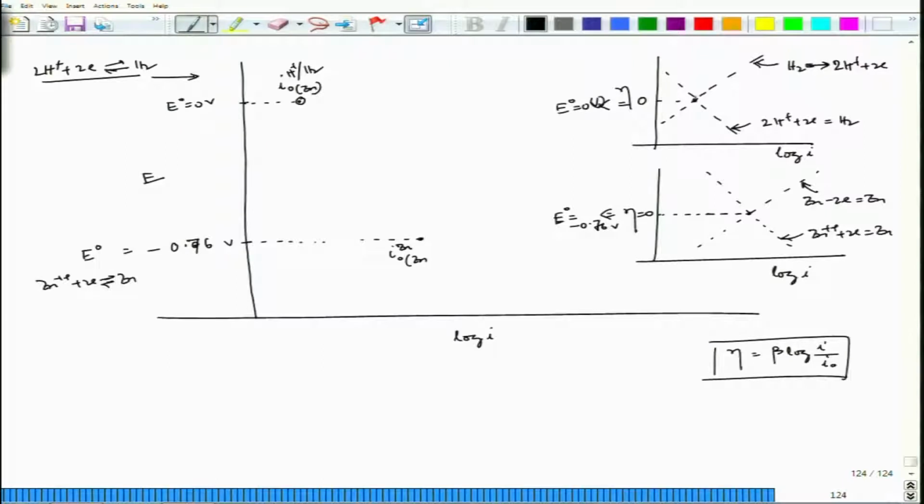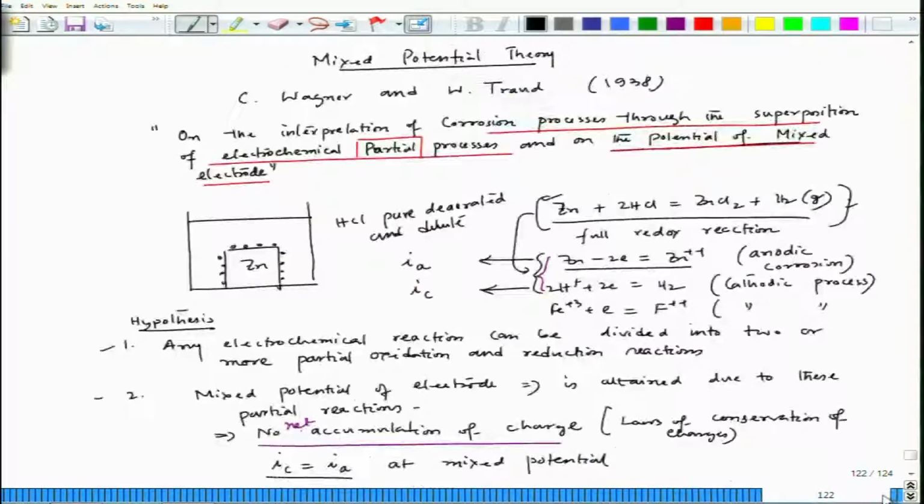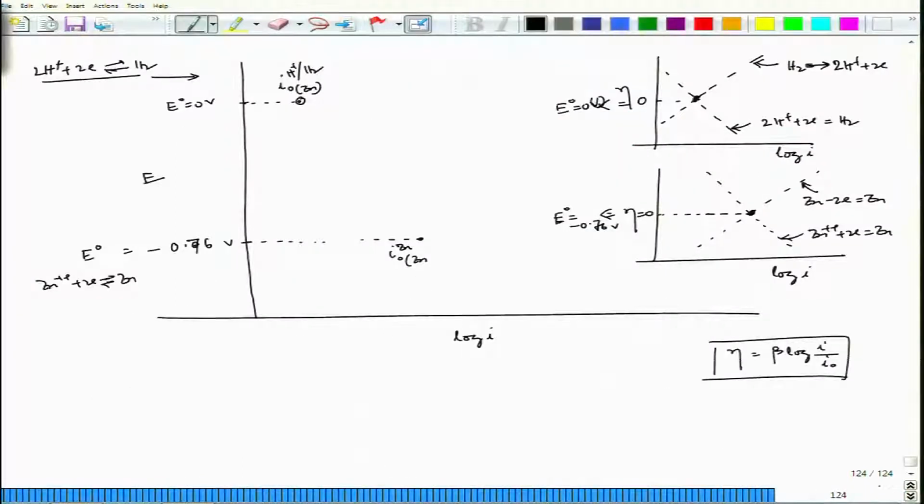But since their potential is far off, one is at 0 and another one is minus 0.76. As per this mixed potential theory, if I look at that mixed potential theory, it says that the mixed potential of electrode will be achieved due to partial reactions. Now, there are two different potentials, so they must achieve some potential which is in between these two potentials, and that is unique for this particular situation.